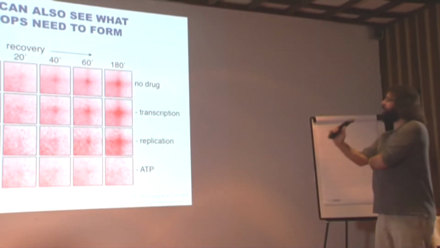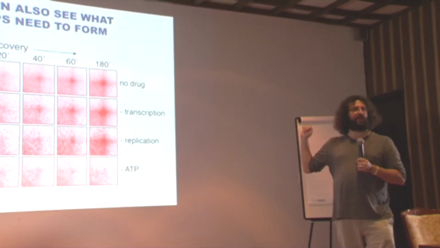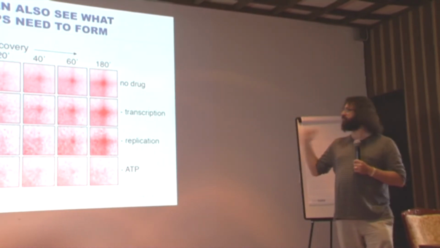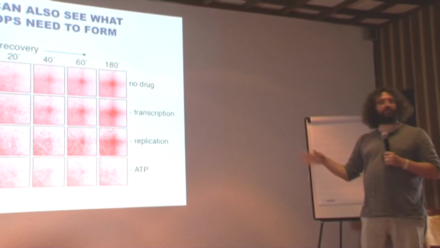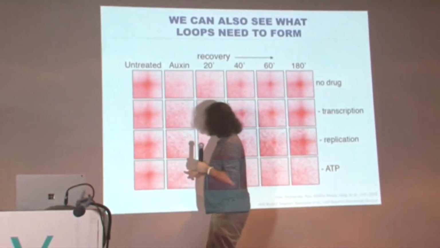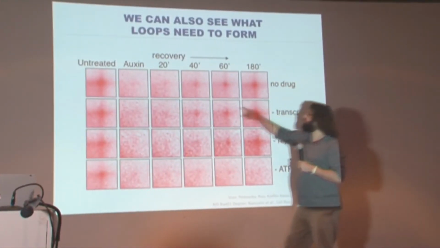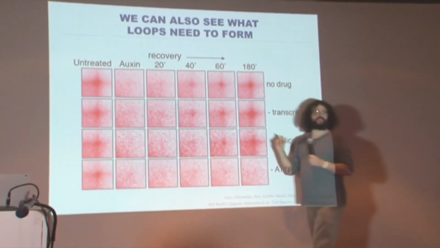Here what we do is we treat with auxin and something else, and then we see how it affects the recovery process. We treat with auxin, we lose all the loops because all the cohesin is gone, right? So you can see here, untreated versus auxin treatment, all the loops are gone. And then, of course, with no drug, the loops recover after we withdraw the auxin.